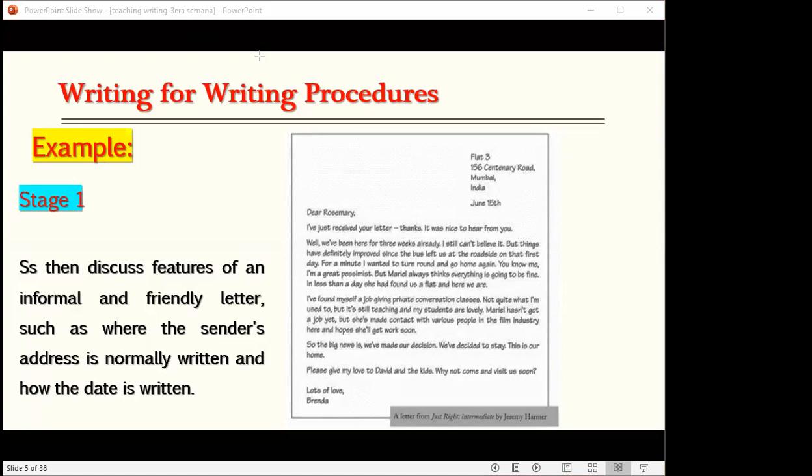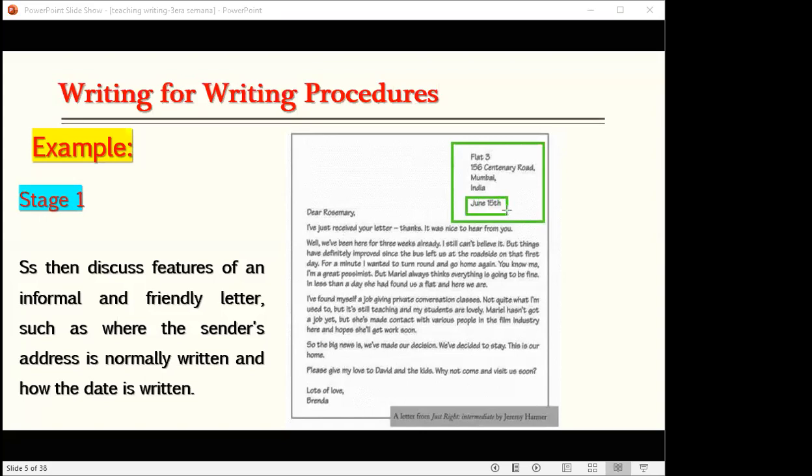Remember, some characteristics. So it means that you're going to analyze the text construction, how they are going to construct these texts. So you tell them, for example, where the sender's address is normally written. Notice here, the position of this address, and how the date is written.